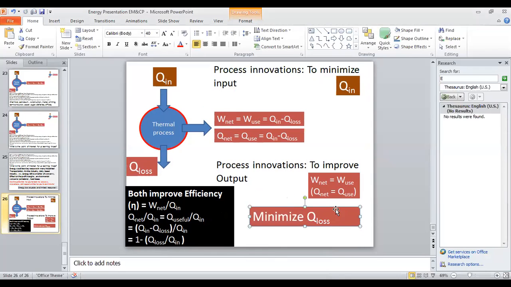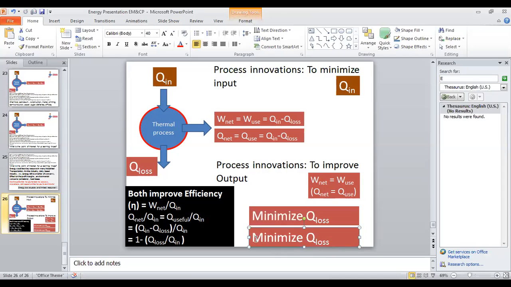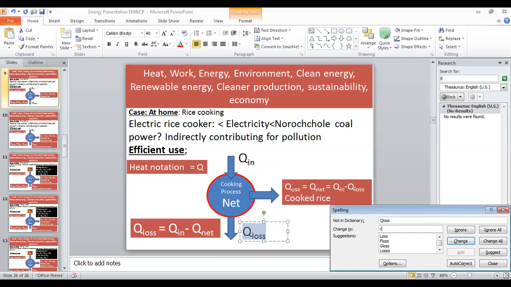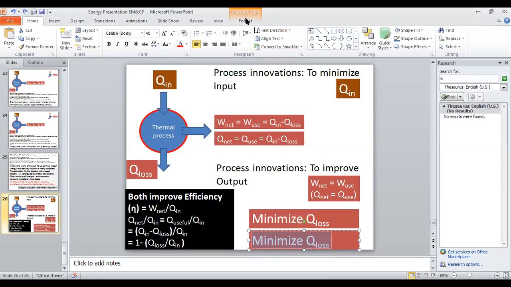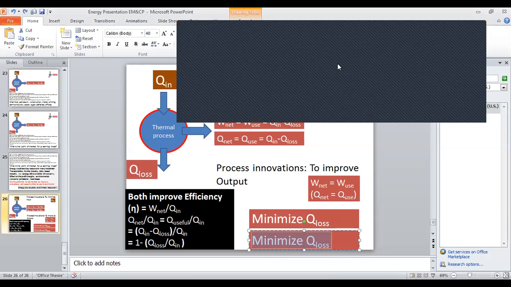That is what both result in. So enhance productivity. Improve productivity.